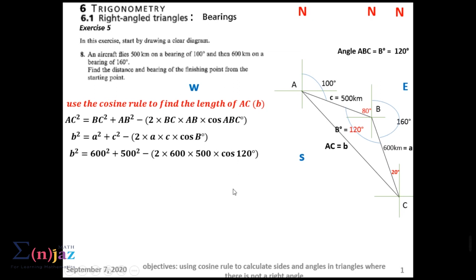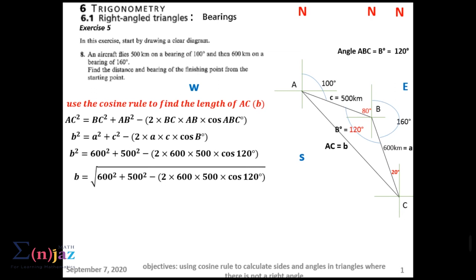Now we are trying to find the b, so that's why we're going to square root each side. So b is equal to square root of 600 to the power of 2 plus 500 to the power of 2 minus in brackets 2 times 600 times 500 times cosine 120.